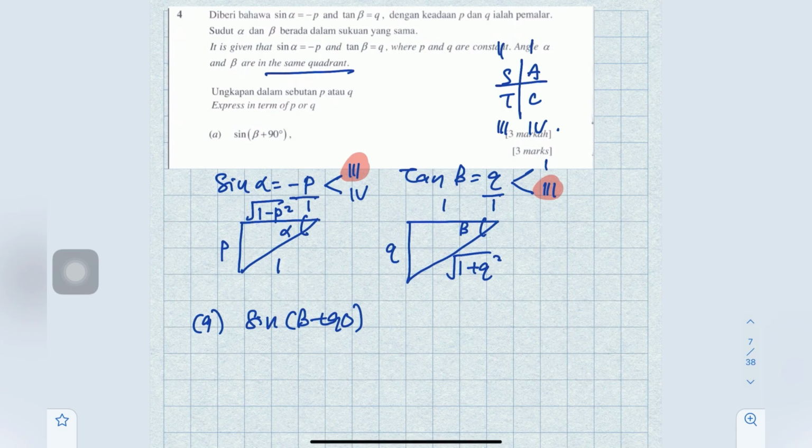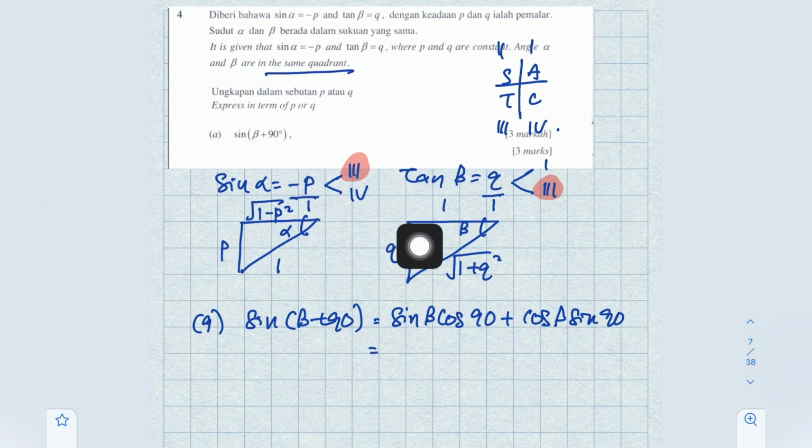Okay, this one uses the addition formula. We have to know it; we look at the list of formulae. So this one is sin beta cos 90 plus cos beta sin 90. Okay, so we substitute sin beta. Sin beta here is opposite over hypotenuse, so Q over square root of 1 plus Q squared.